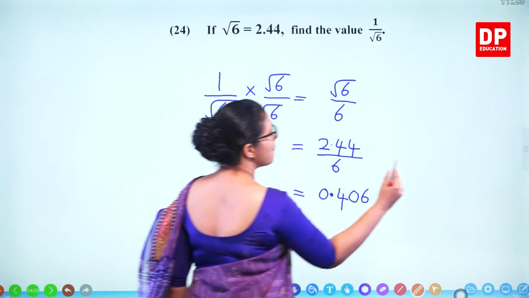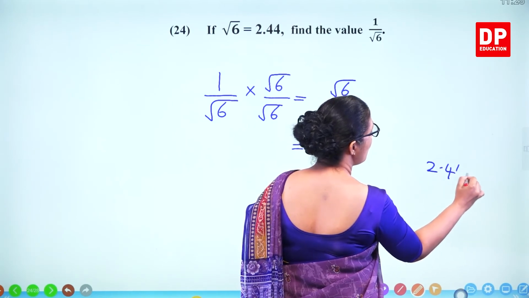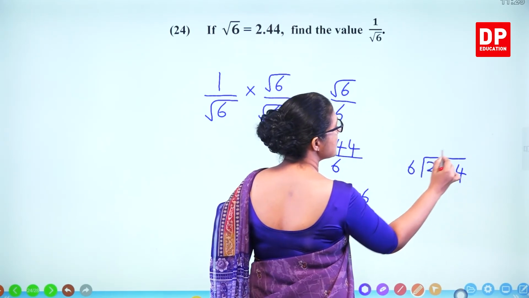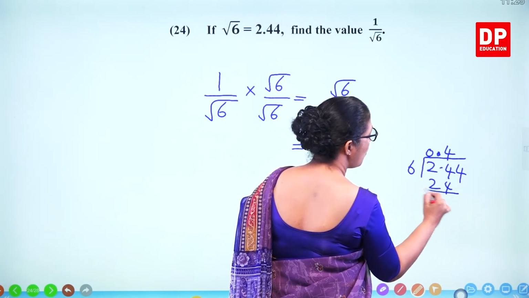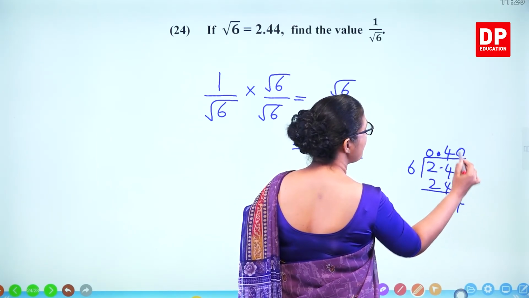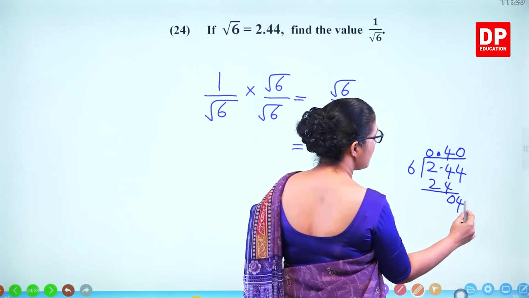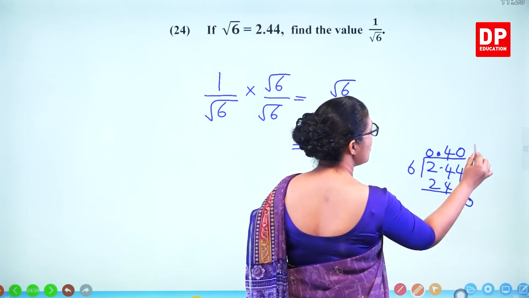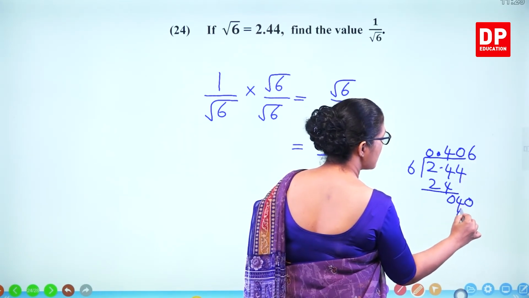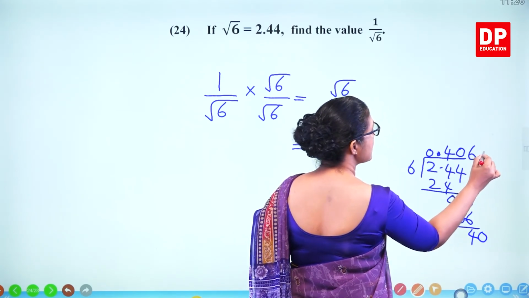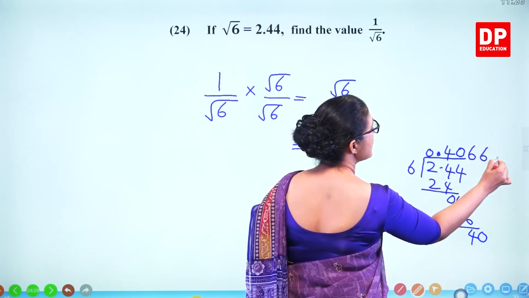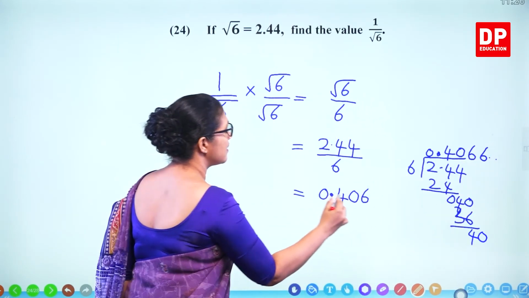Again, so here 2.44 divided by 6. 6 times 4, 24. For 4, nothing. And then you can take 0, 6, 36. Now 4 is repeating. So 6, 6, 6. So you can write it like this.